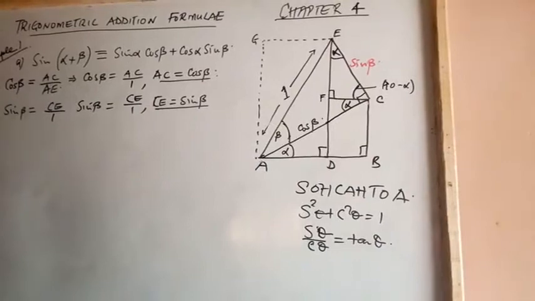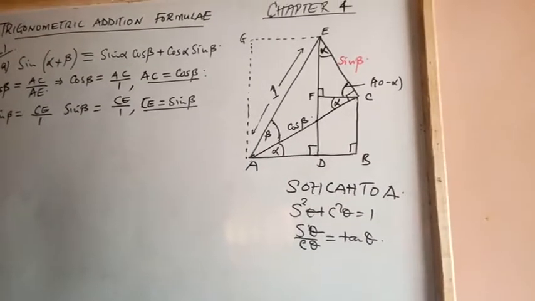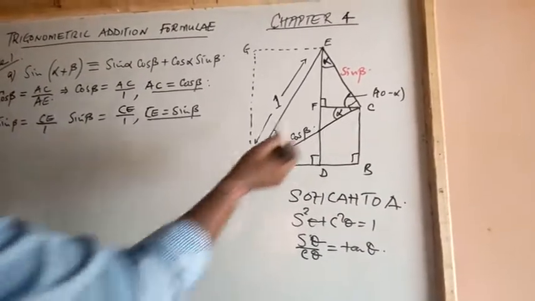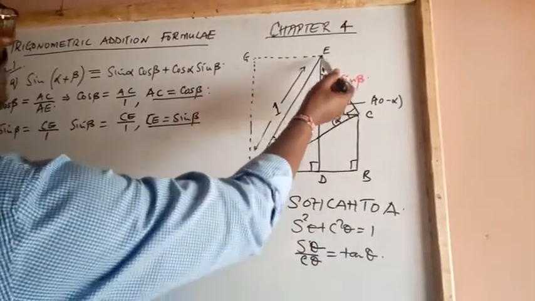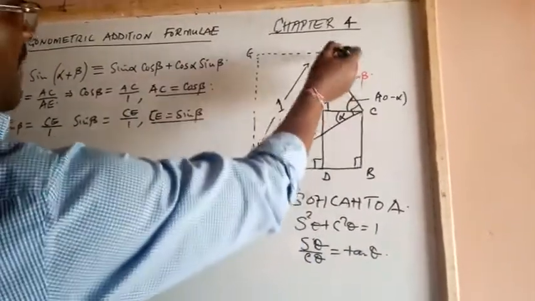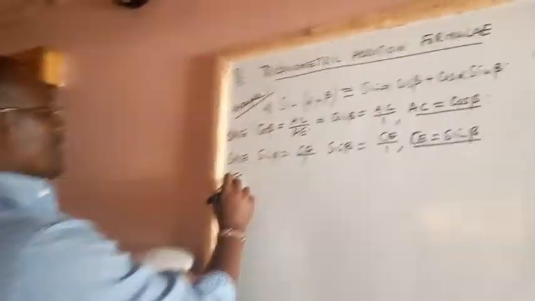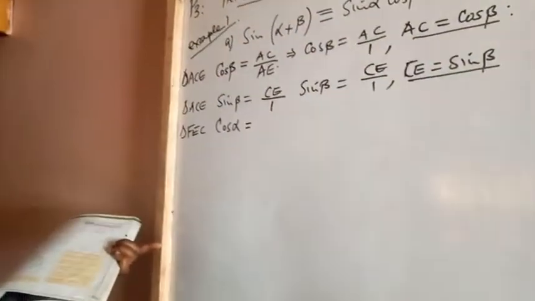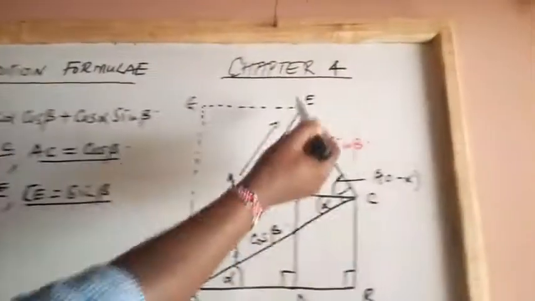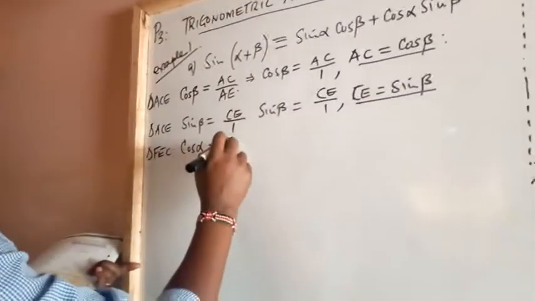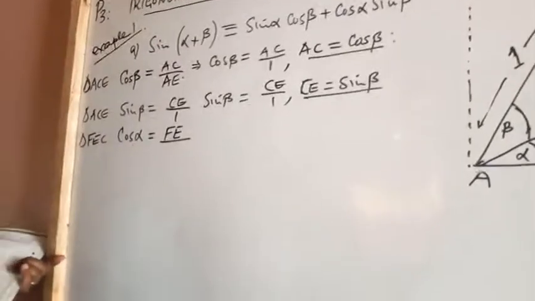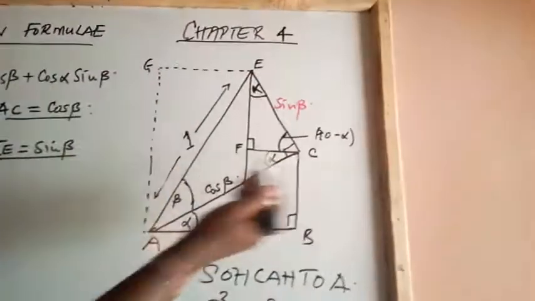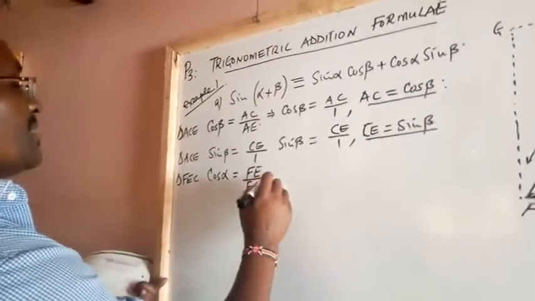If we focus on triangle FEC, the cosine of alpha is adjacent over hypotenuse. Using triangle FEC, the cosine of alpha is given by the adjacent, which is FE, over the hypotenuse, which is EC.